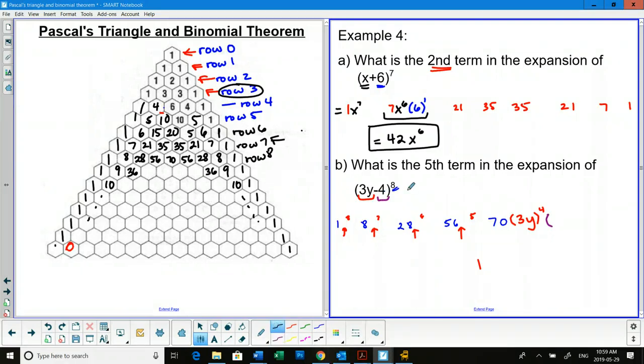Oh, so this is actually what someone asked me about earlier. So I would rewrite this as this, just so I know that there are some terms that will become positive and some that will become negative. So my second term here is actually going to be -4. And what do I know about the exponent on that -4 if this one is 4 for the 3y?